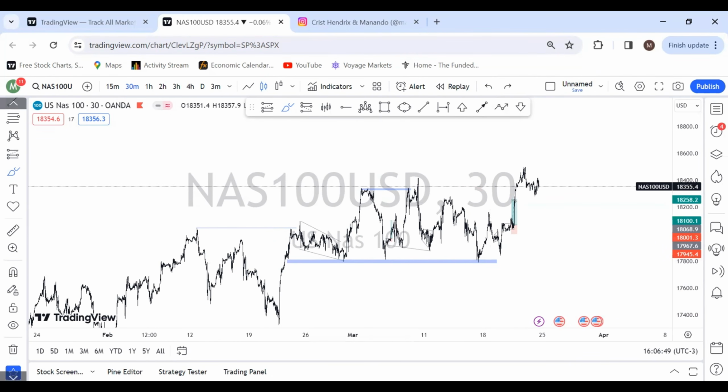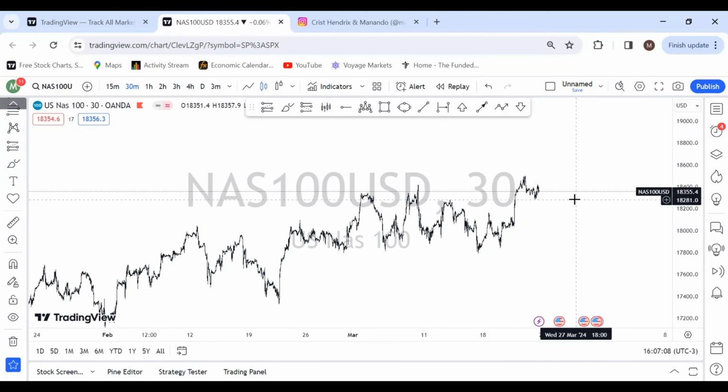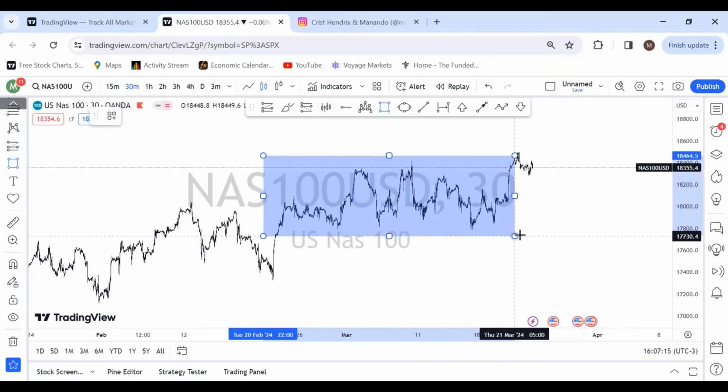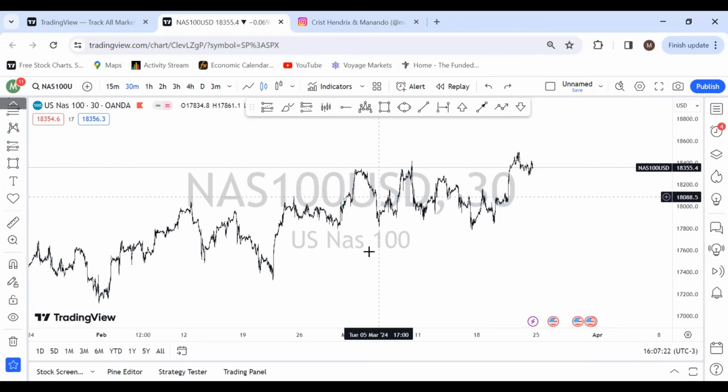Let me just erase everything because it might seem a bit too busy. So with indices, I don't really scale up to the big time frame, so we're just gonna kick it off where we are, which is the 30-minute time frame. So when we look at the price right now, what we notice is we had this channel right there, and it shouldn't discourage us from trading.